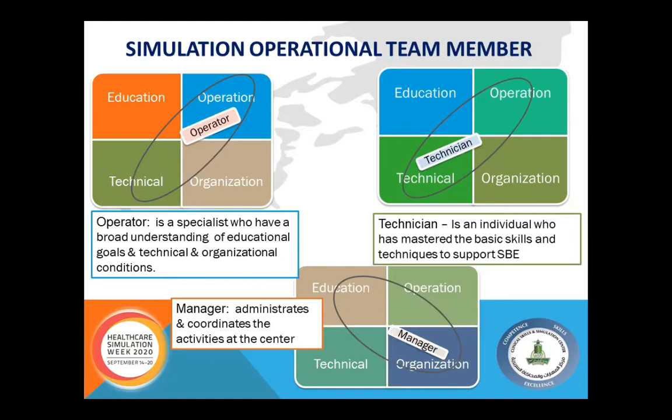The technician, as you see here, is mostly related to the operation. The operator is also related to the operation and the technical parts. So they are mostly one person. The manager concentrates on the organization itself, education, operation, and technical. He's the fourth.